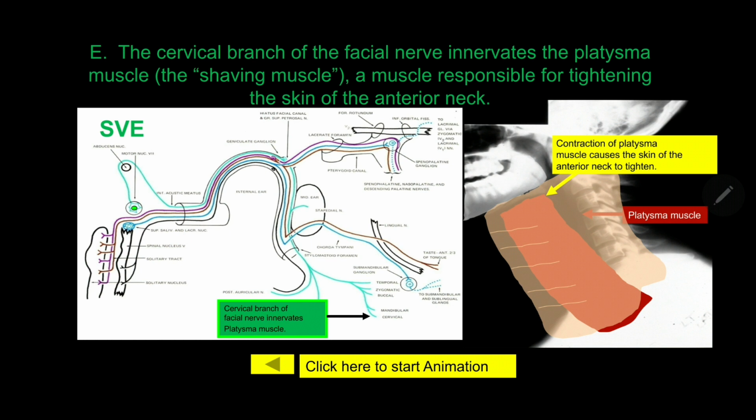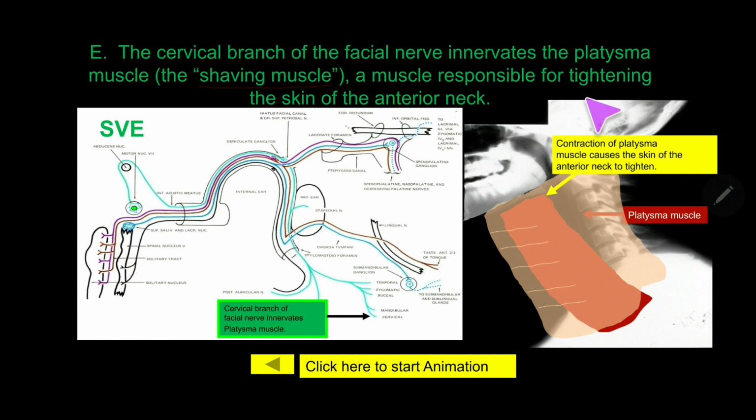Now look here again, another function of platysma, as I was telling, is that you can see there are transverse creases in the front of the neck, right? And you need to clear these off while shaving. So look here, the cervical branch of the facial nerve innervates the platysma muscle, the shaving muscle. Remember, it's also called the shaving muscle.